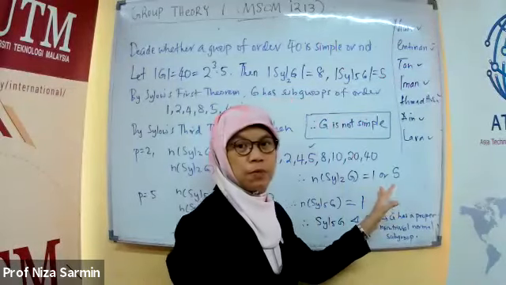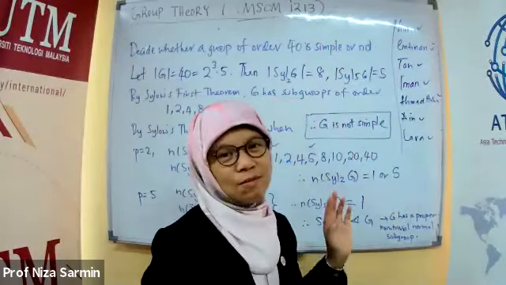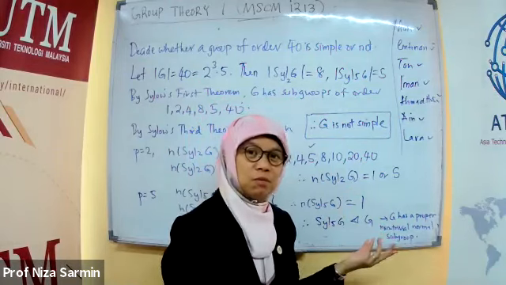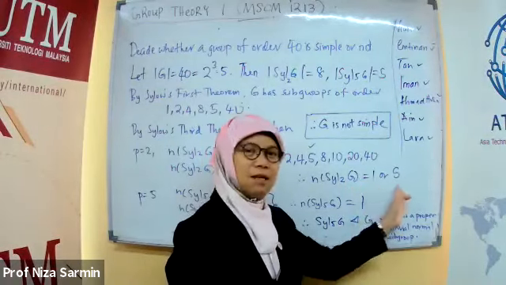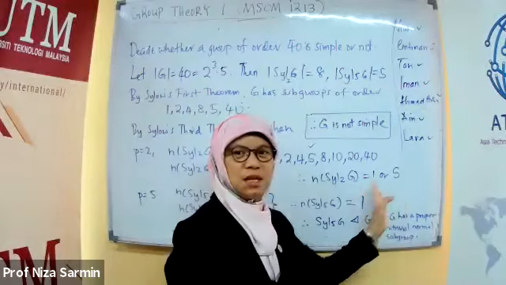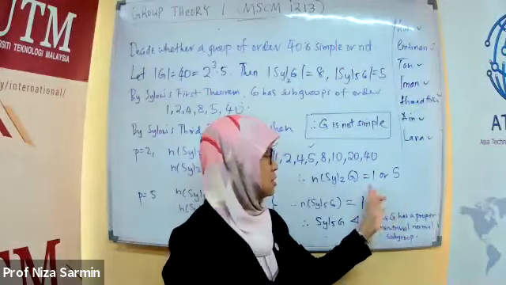P equal to 2 has two values, right? This one we don't know. We don't need to know. Once we know there is one here, then we have a normal subgroup. Because we don't know what G is, this gives nothing. So we just leave it. This is just a possibility.